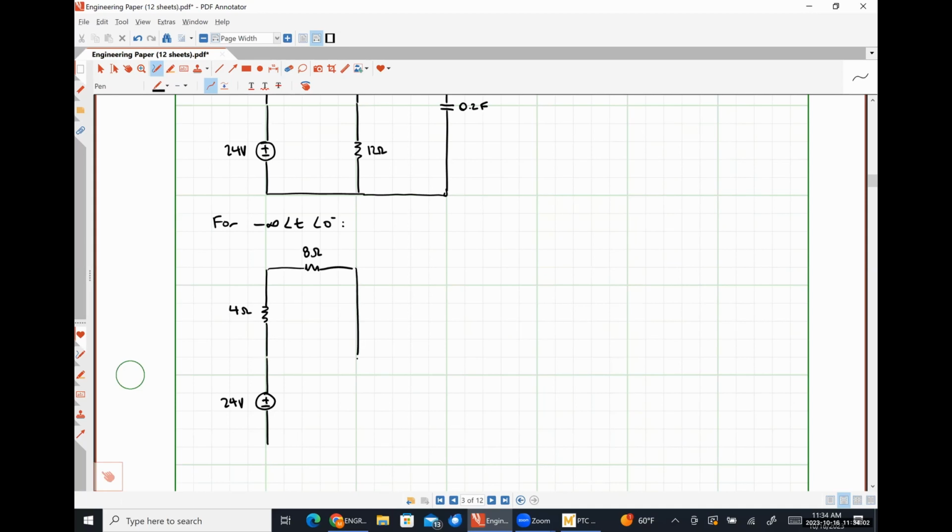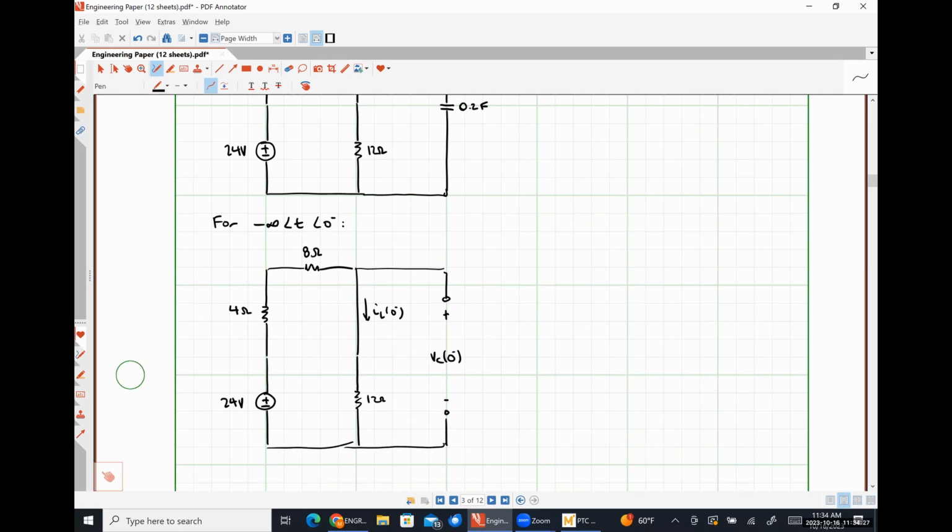This short here representing my inductor. Here's my inductor current, iL at 0 minus. Over here is my open circuit representing my capacitor. So this is vC at 0 minus.